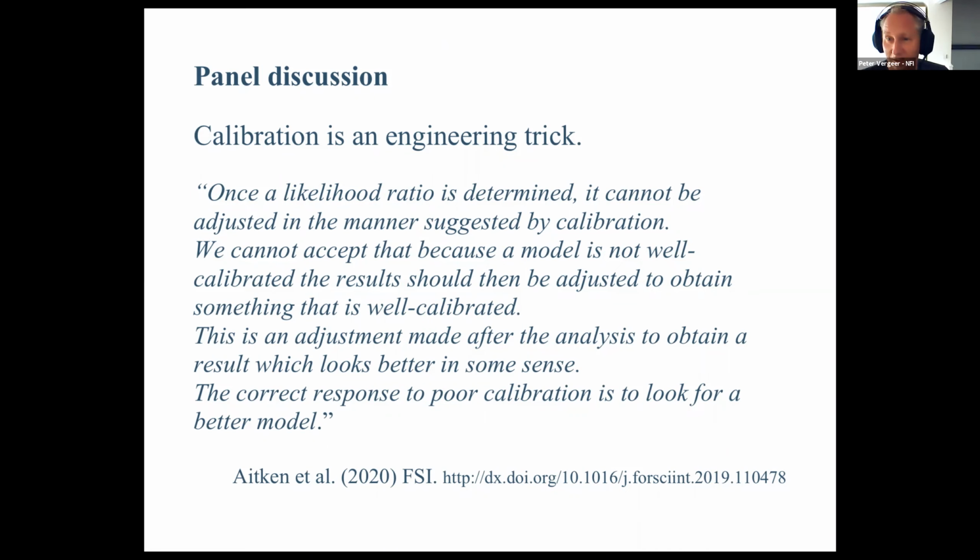The second option is indeed to rethink your statistical models and try to improve those. Improving those has a benefit because it may not only improve calibration, it may also improve discrimination. And in that way, your model will outperform the former two-stage model.